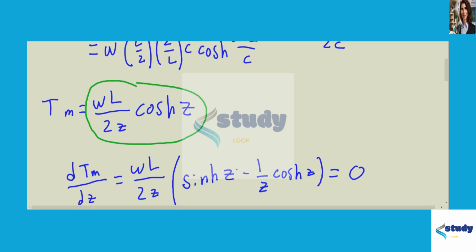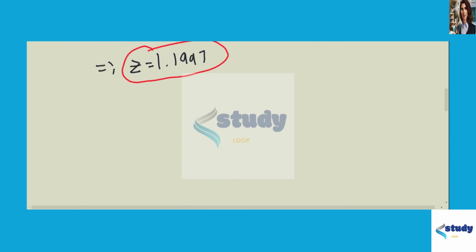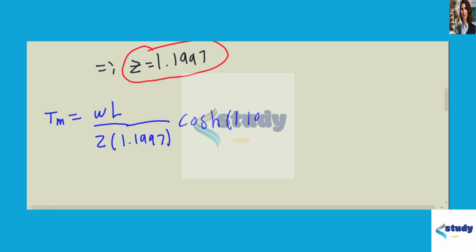And we can solve for an expression for L. So we get that the tension Tm is equal to W times L over 2 times the value that we plug in, this value of z, times the hyperbolic cosine of that value of z.